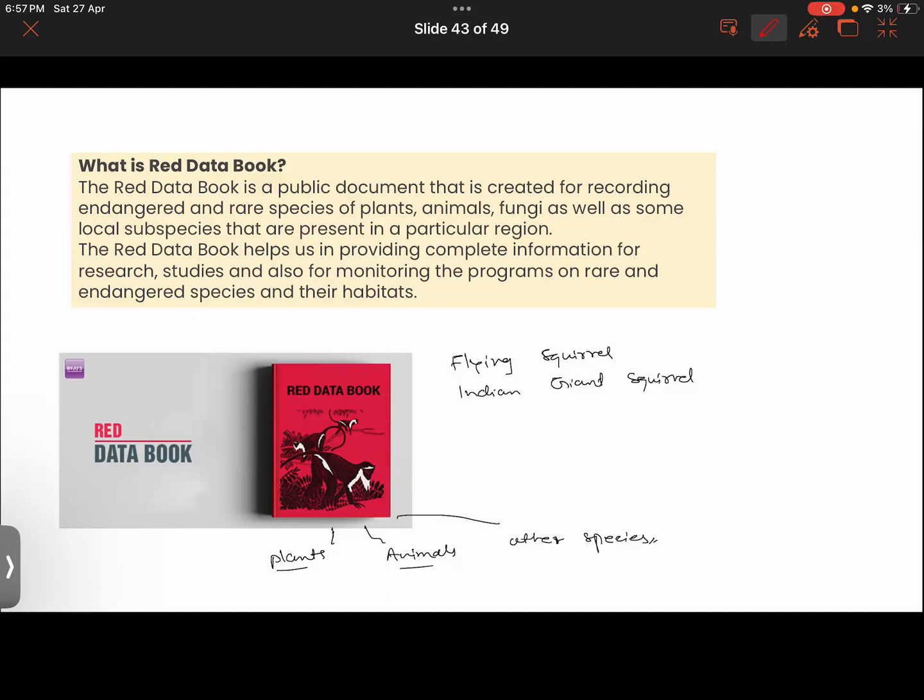Once we know that, we can take the required steps. Basically the authorities concerned with this would be taking the remedial steps, the proper steps in order to prevent their extinction. Is it clear? Yes, sir.